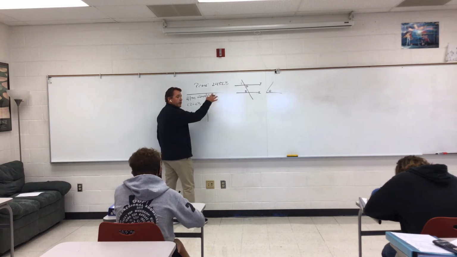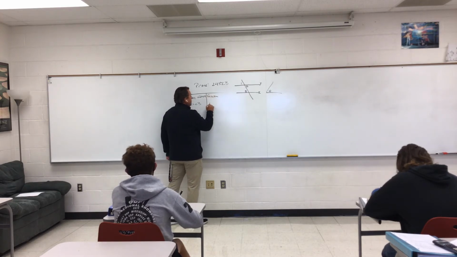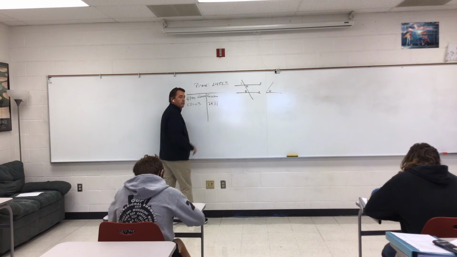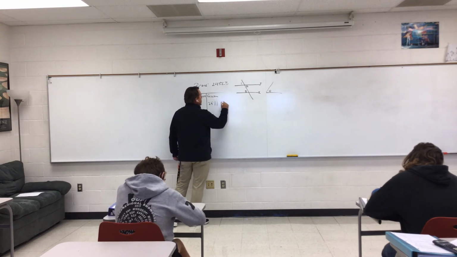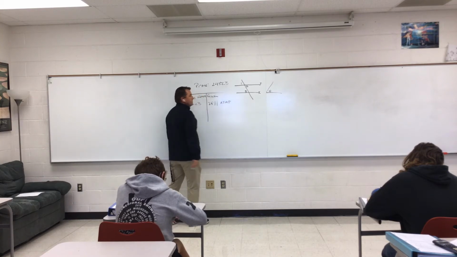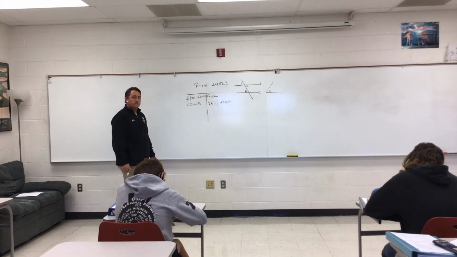And in this case, we knew the lines are parallel, right? So on our if then, we put if the lines are parallel, that made alternate interior angles congruent. Okay, so let's get that down first.